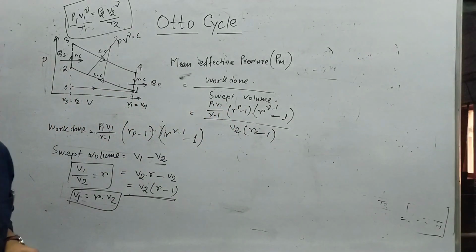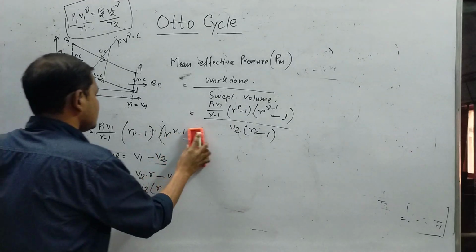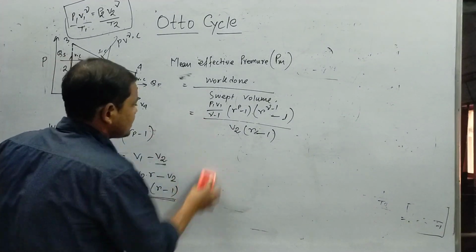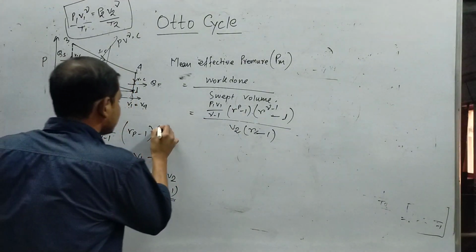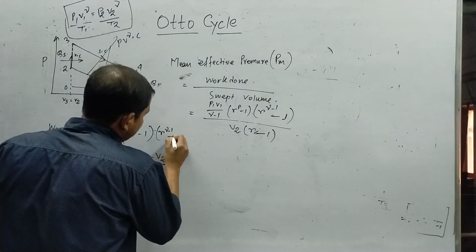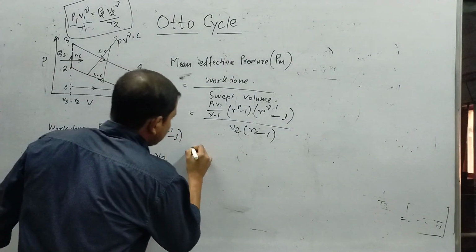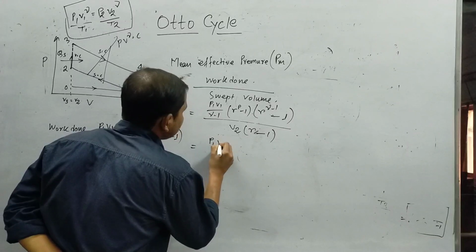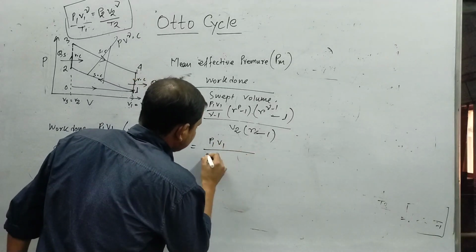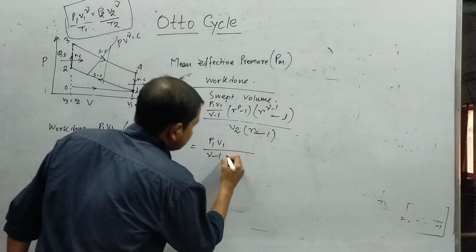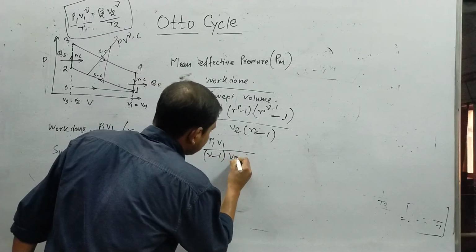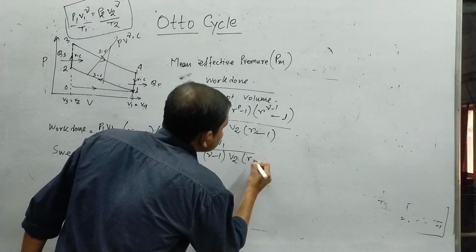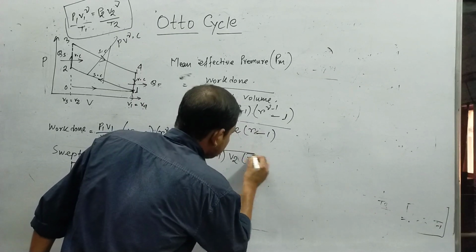Now let me clear this. The work done is P1 V1 divided by gamma minus 1, and dividing by the swept volume, we get gamma minus 1 into V2 into R minus 1.